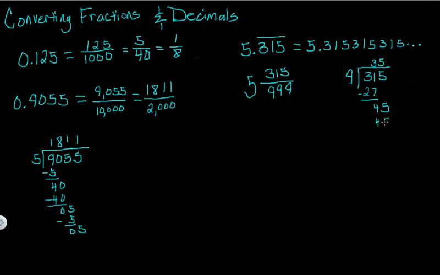And so that's 45. All right, so we get that this is equivalent to 5 and 35, and then we have to do 999 divided by 9, which is mental math. We know that's just going to be 111. And that's our final answer here. So 5.315 repeating is equal to 5 and 35 111ths.